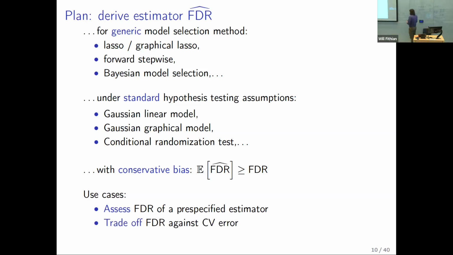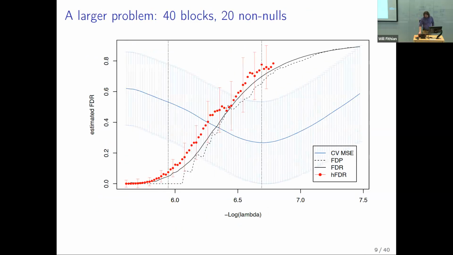Or maybe we want to do some kind of trade-off of false discovery rate against cross-validated error. In a setting like this, we look at the cross-validation curve, and maybe we really care about the fit, so we might be tempted to use this lambda.